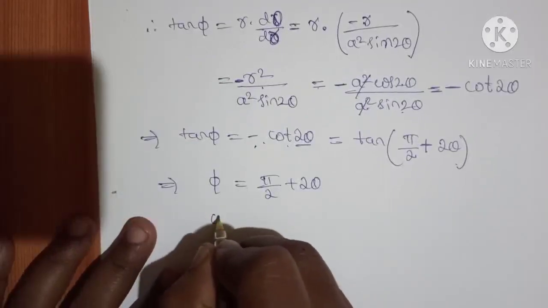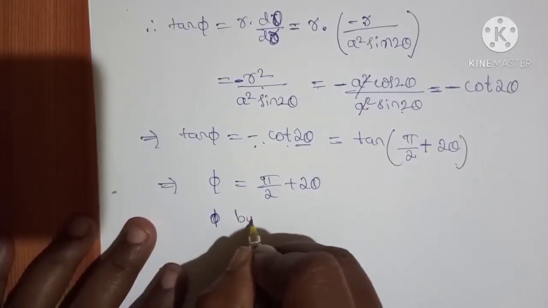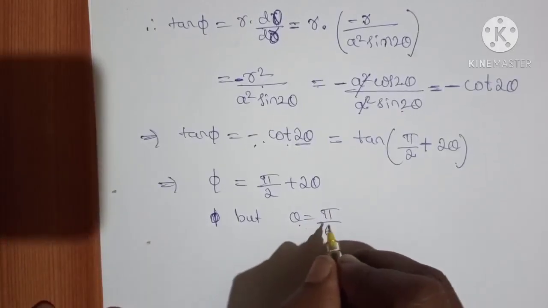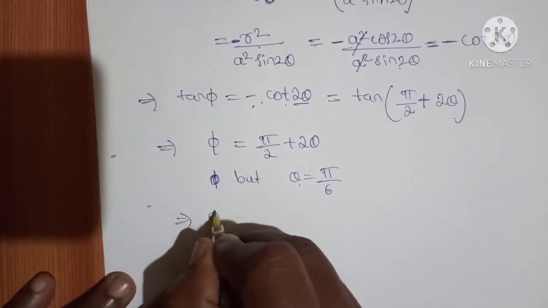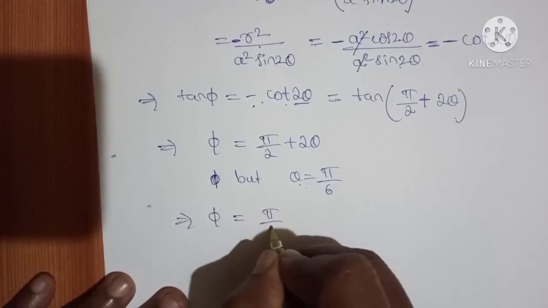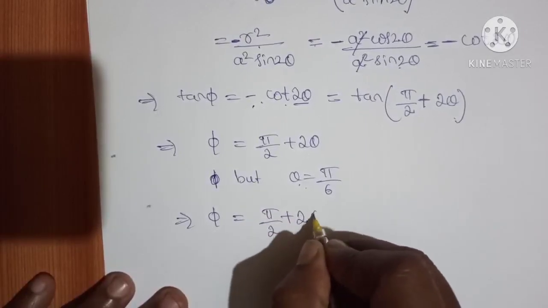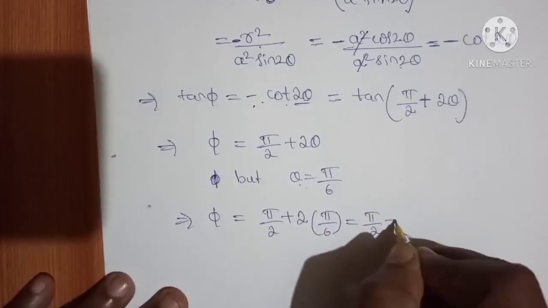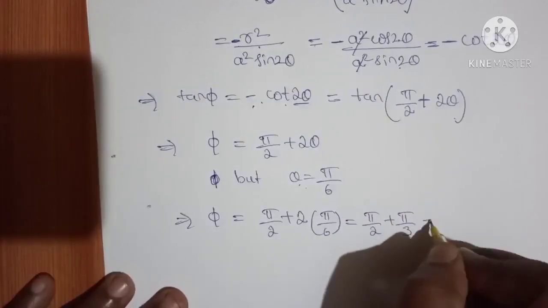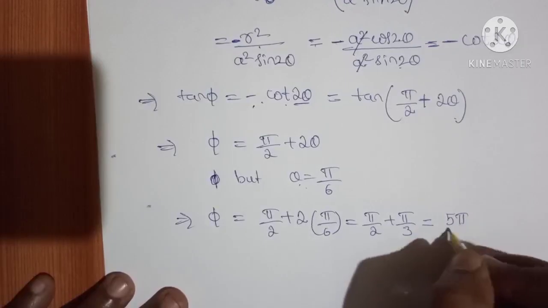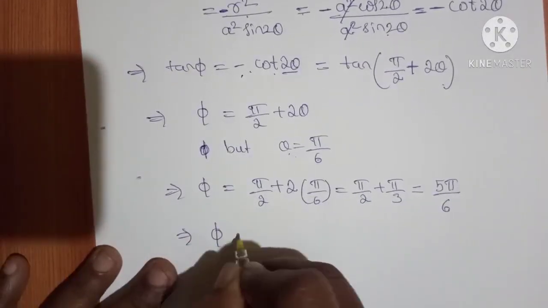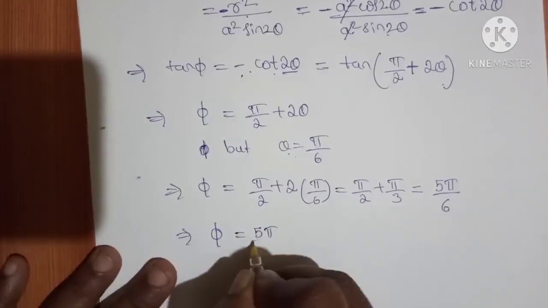The tan cancels, and we get phi equals pi by 2 plus 2 theta, where theta is given as pi by 6. Substituting the theta value, we get phi equals pi by 2 plus 2 into pi by 6, which is pi by 2 plus pi by 3. So this equals 5 pi by 6. Thus the phi value is 5 pi by 6.